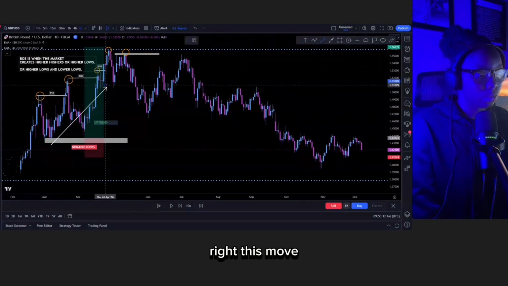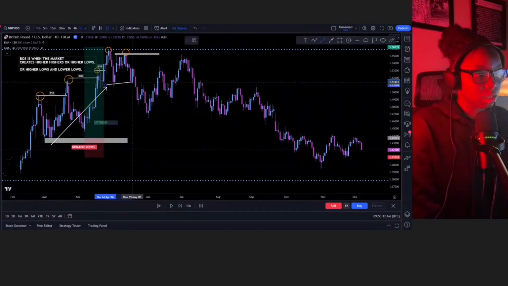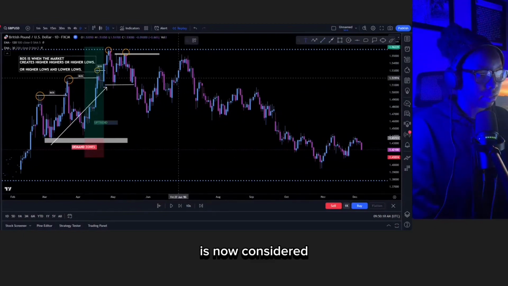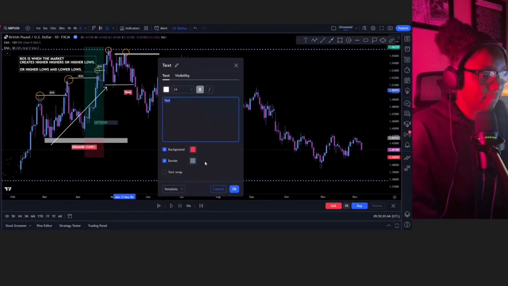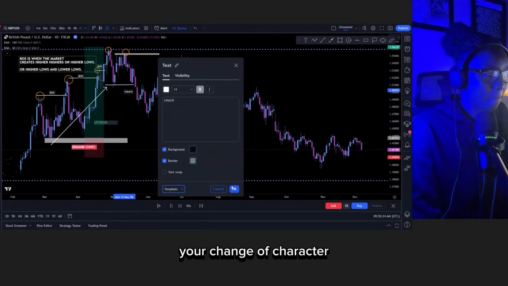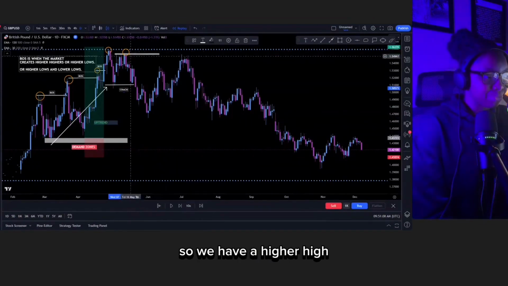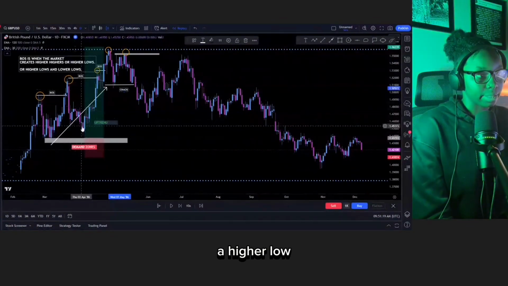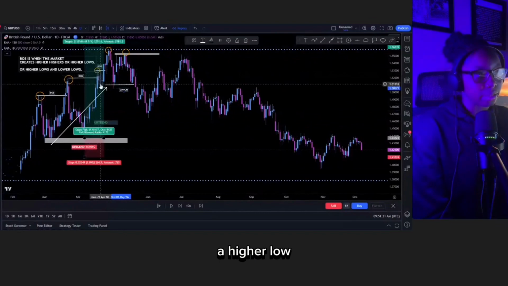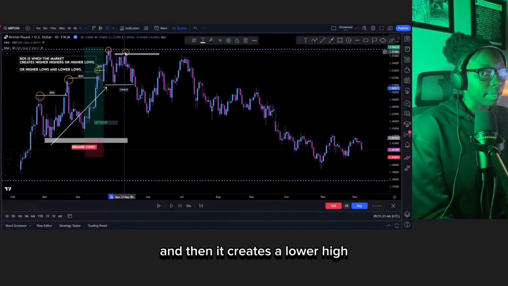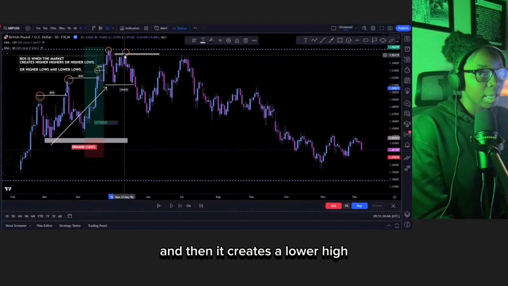This move is now considered your change of character. What do I mean by that? So we have a higher high, a higher low, a higher high, a higher low, a higher high, a higher low, a higher high, a higher low, and then it creates a lower high.